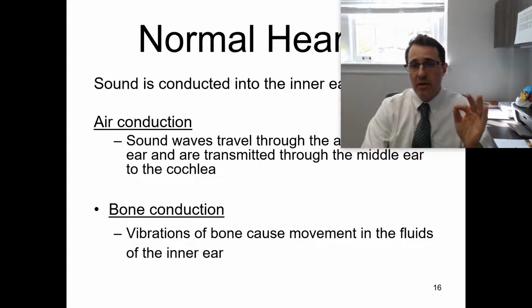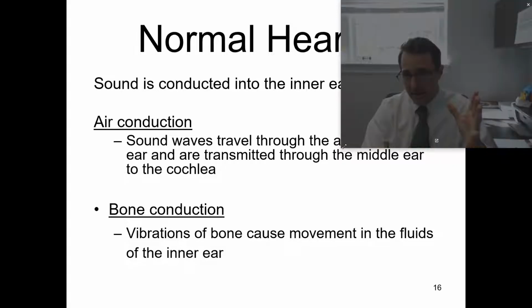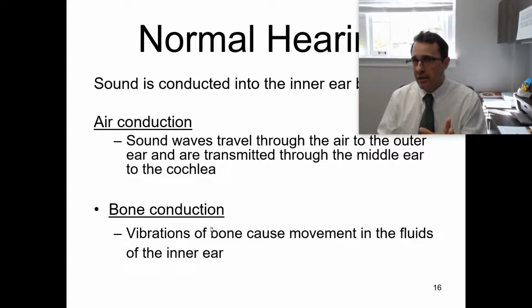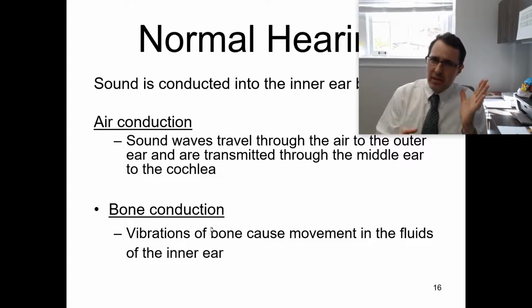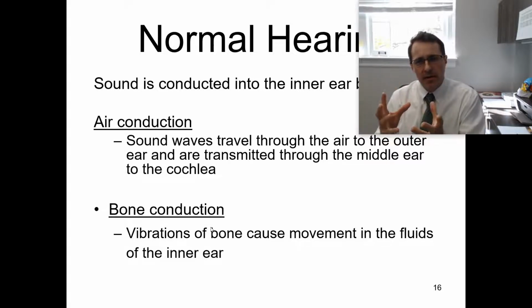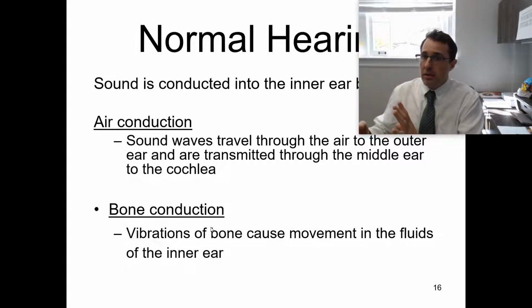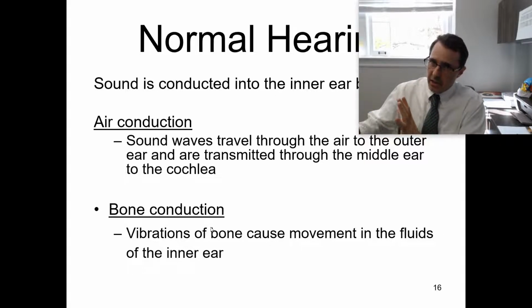The first is the way that I've been explaining throughout the course of this lecture. We call this air conduction, meaning that the energy that is being delivered to the cochlea to stimulate the hair cells is passing through the air, being collected by the outer ear, transmitted to the middle ear, to be delivered by the ossicular chain at the oval window by the stapes to the cochlea.